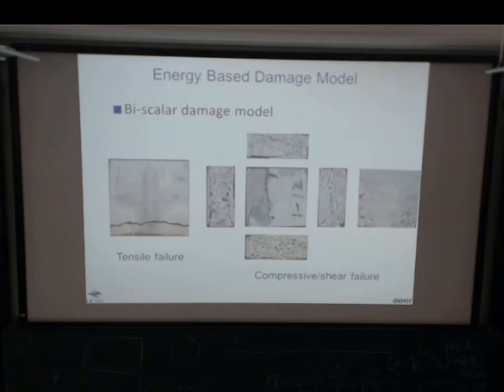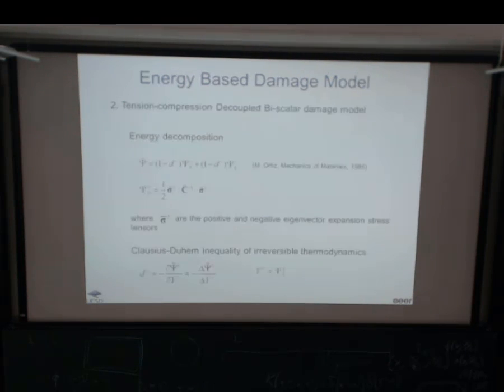Well, then if you have a more complicated material like concrete, it fails very differently in compression, in tension, in shear, then you can do something more comprehensive. For example, there's one proposed by Michael Ortiz. I think Ortiz is not here yet. That's some work that he had done a long time ago. And he proposed this Helmholtz free energy function, where he decomposed the free energy into tension and compression. And tension and compression are defined in the eigenspace of the stress tensor.